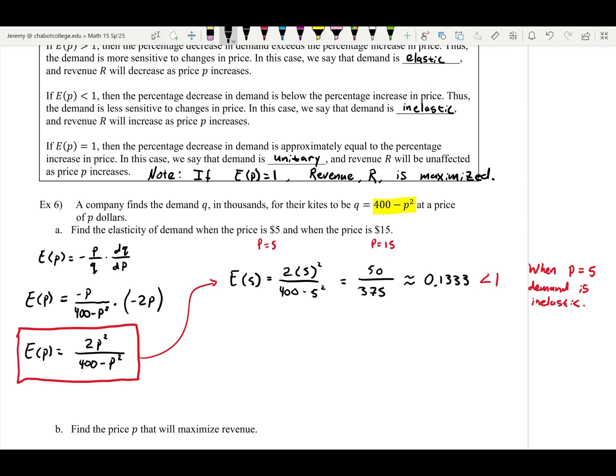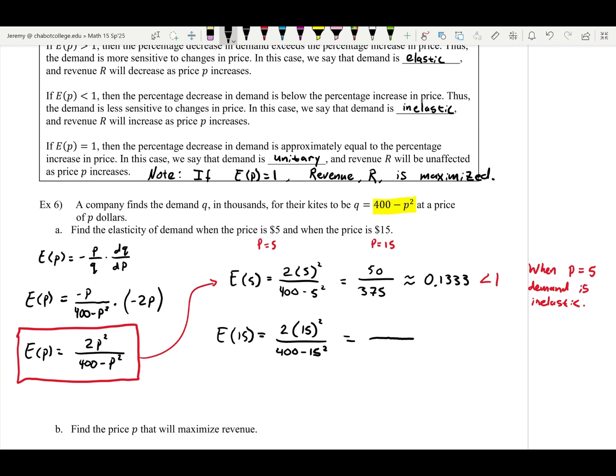So next step, let's test 15. Should we charge $15? Is that enough? Is that too much? Let's find out. So E of 15, just plugging into the same function, 2 times 15 squared divided by 400 minus 15 squared. I used my calculator.